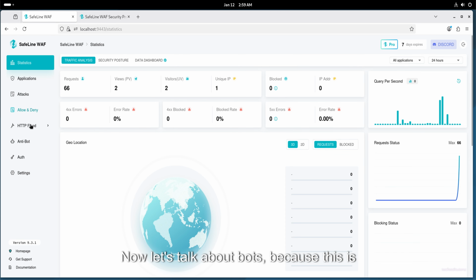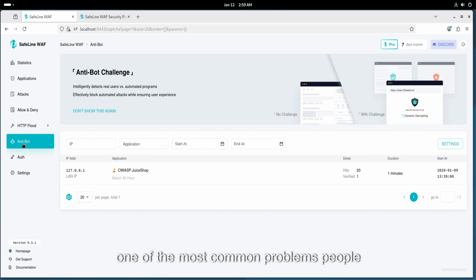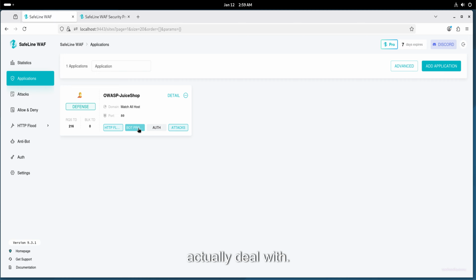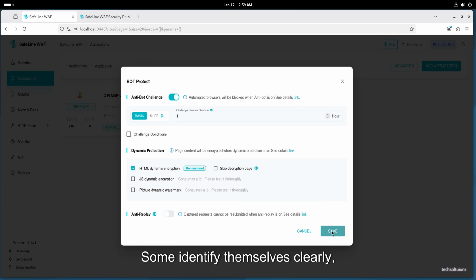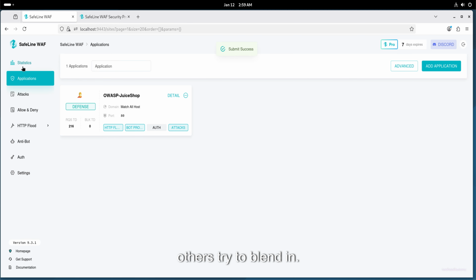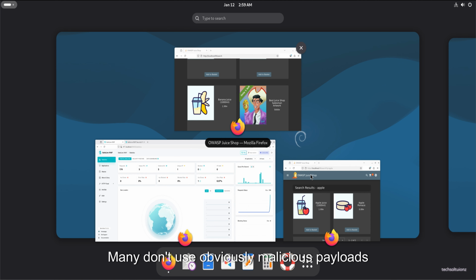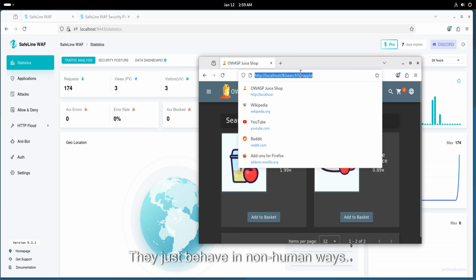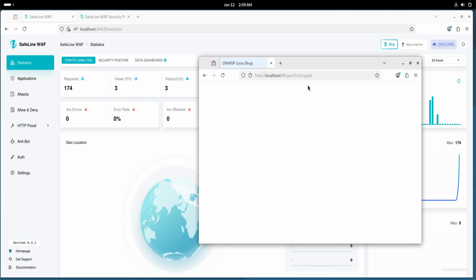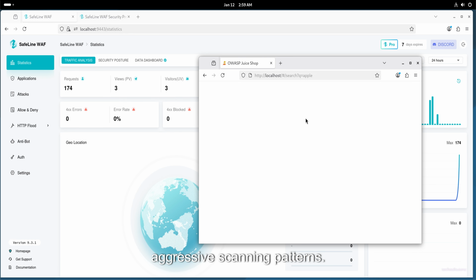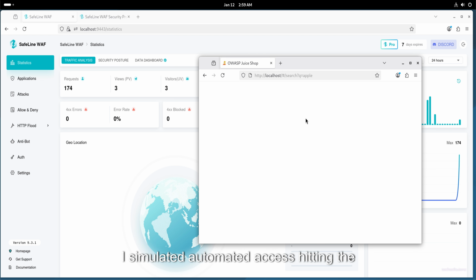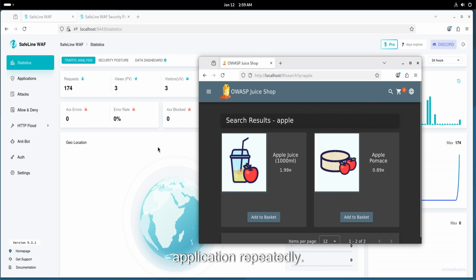Now let's talk about bots, because this is one of the most common problems people actually deal with. Bots aren't always obvious. Some identify themselves clearly, others try to blend in. Many don't use obviously malicious payloads at all. They just behave in non-human ways. Repeated requests, abnormal timing, aggressive scanning patterns. I simulated automated access hitting the application repeatedly.